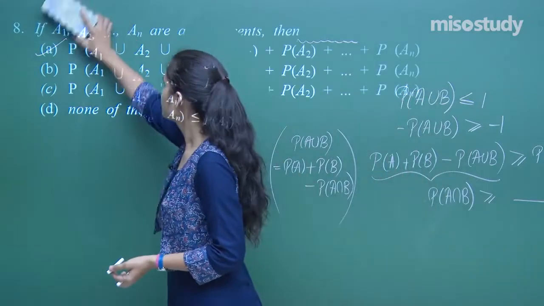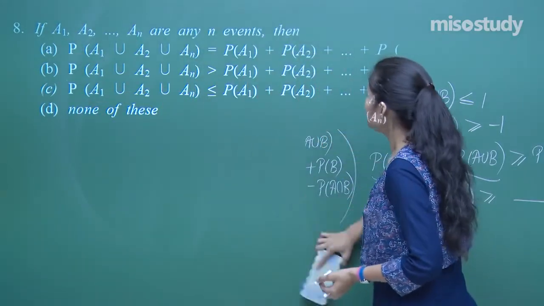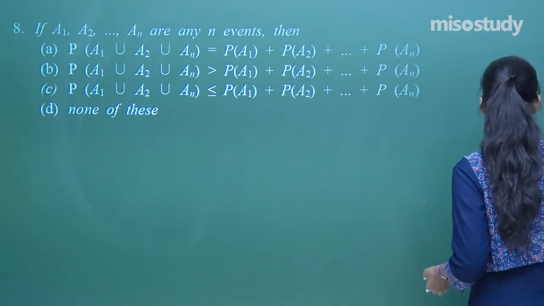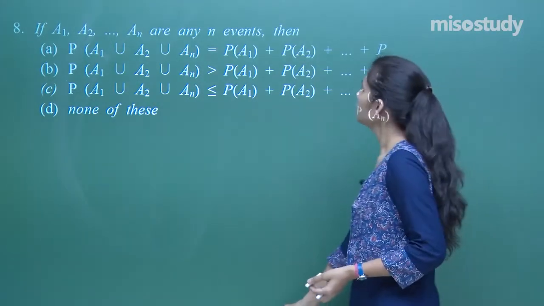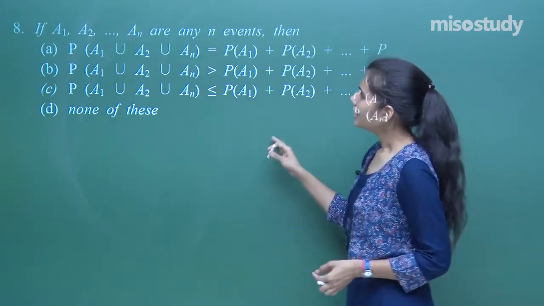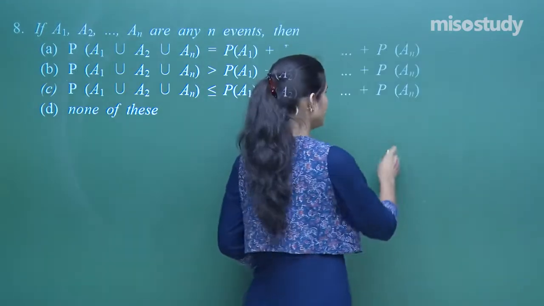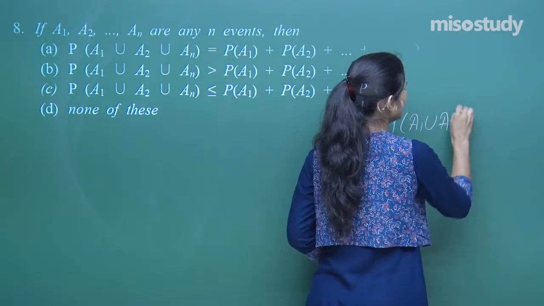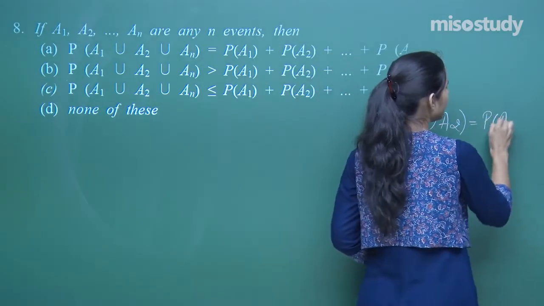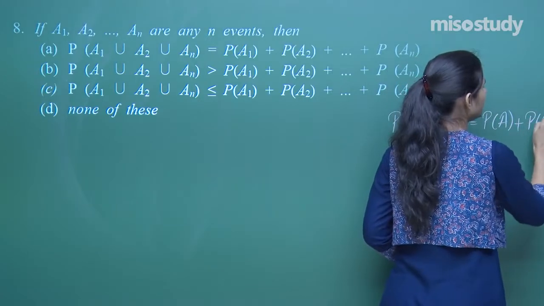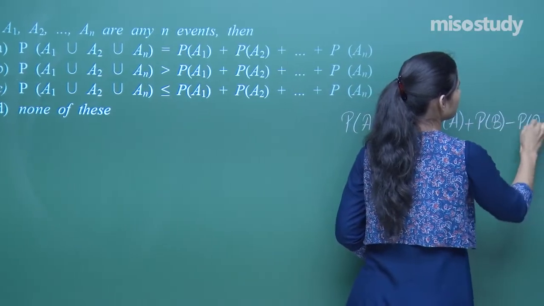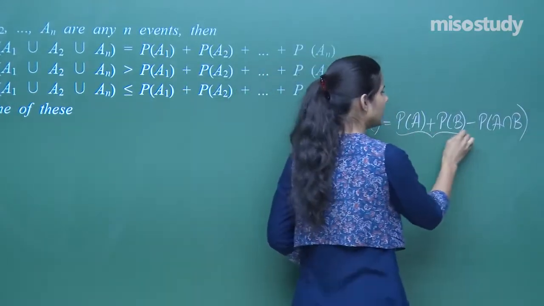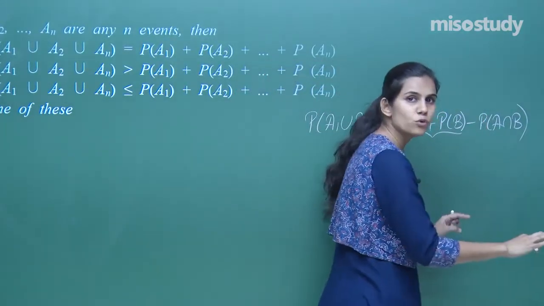Here it says that if these are your n events, then what is the probability of union of these n events? Let's see. Okay, now when I talk about union, let's take 2. A1 union A2, let's take 2. I know this is equal to probability of A plus probability of B minus probability of A intersection B. That means from the sum, something is being removed.